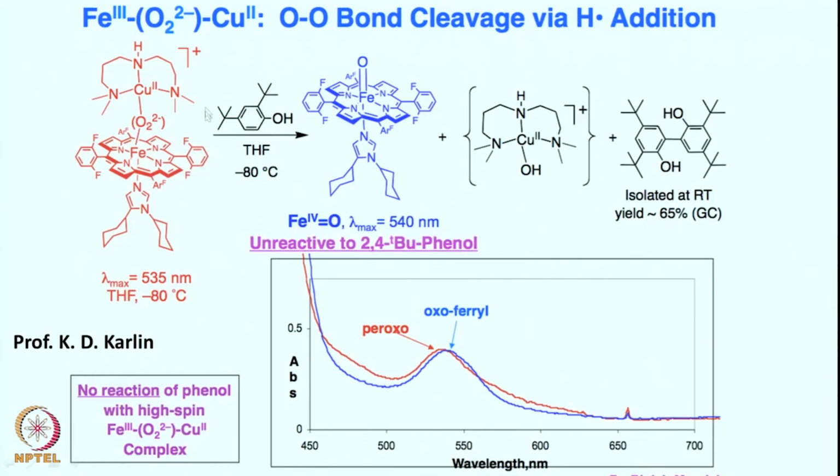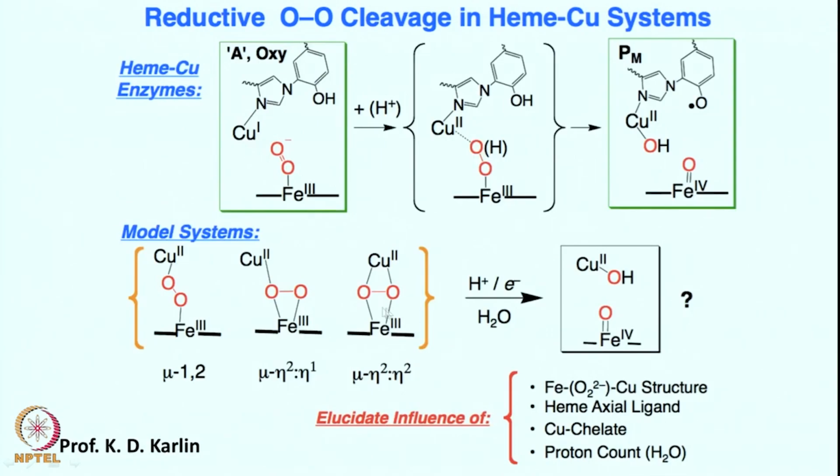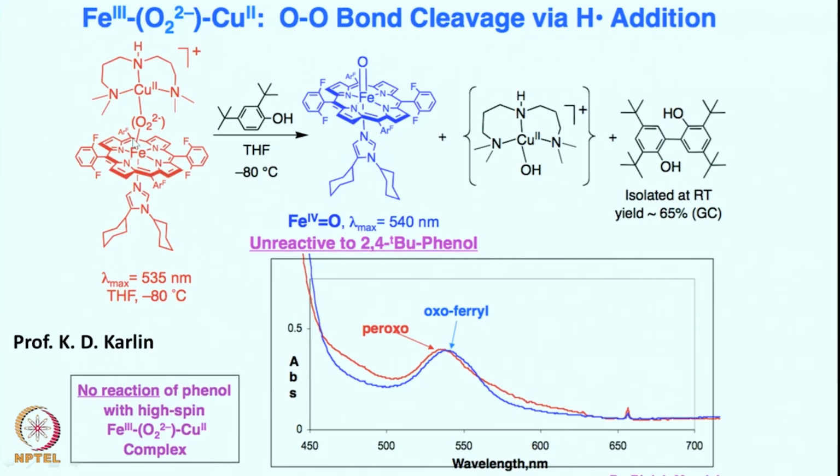So, this is a fully characterized system by now, as good as it gets, I guess. Most interestingly, as you have seen, now an axial ligand is added. Without this axial ligand, things are not happening. It is not able to cleave that oxygen bond. As you can see, this oxygen bond, without that axial ligand, is not breaking.